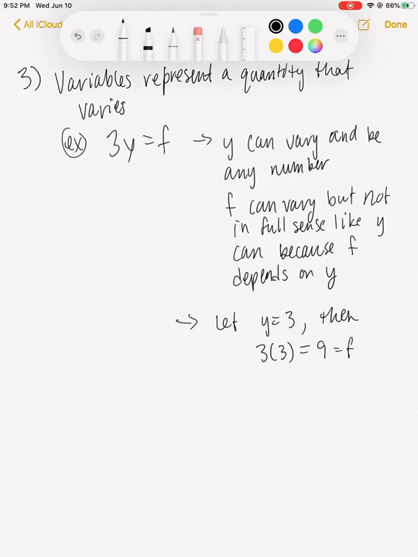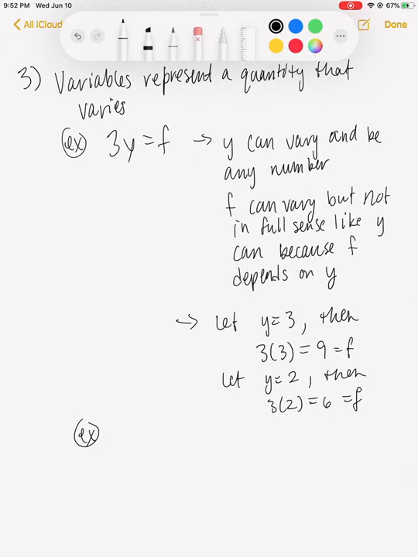So f is 9 in that case. We could also let y equal 2. Then 3 times 2 is equal to 6, which is equal to f. And so f ends up being like any number, but it really depends on what y is. Y we can choose as any number.